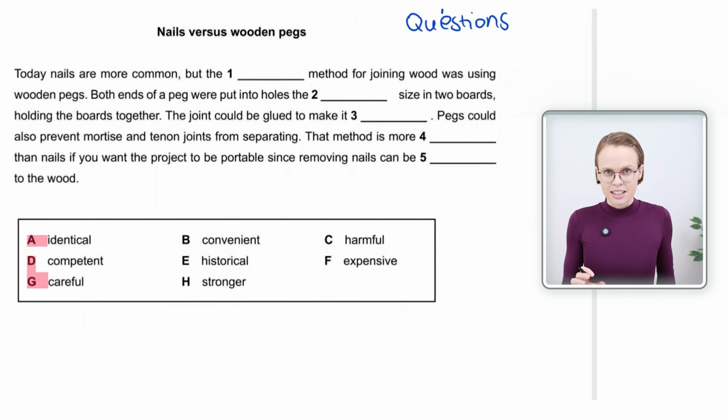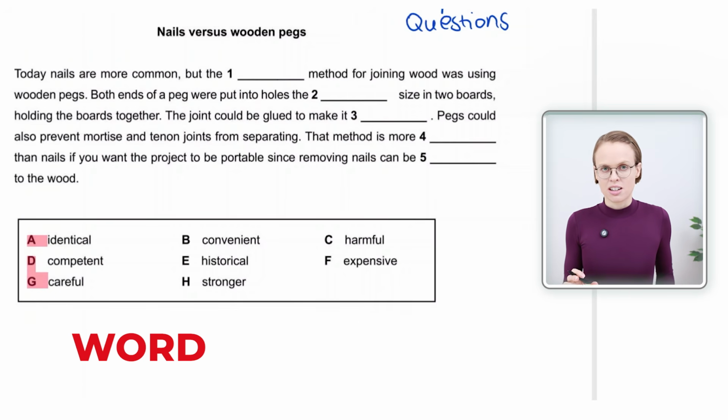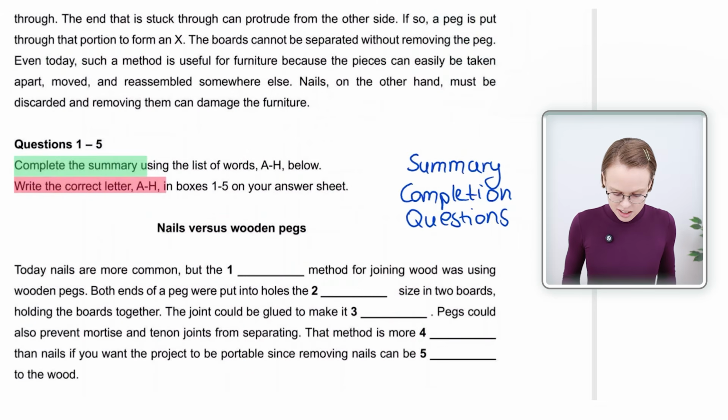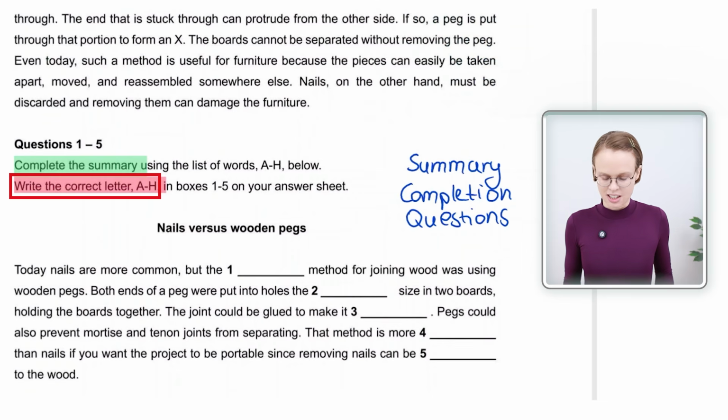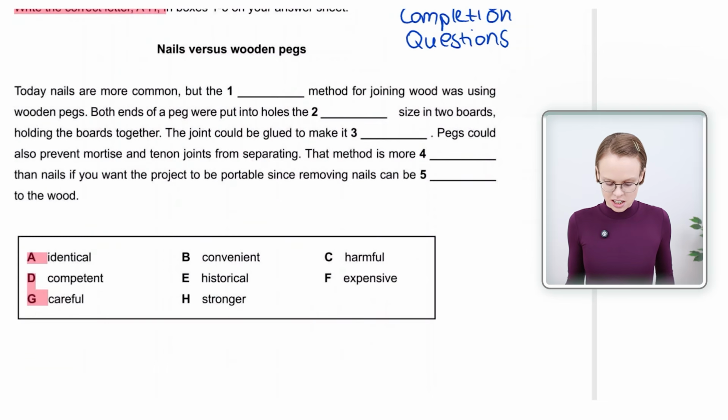So, if you write down the word on your answer sheet, the answer is wrong, even if you pick the correct word. Why? Because the instructions say write the correct letter, A to H, on your answer sheet. Therefore, read the instructions very carefully, because it would really be a pity if you lose points because of that.